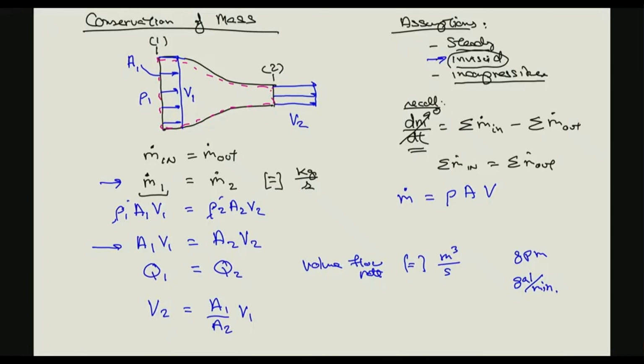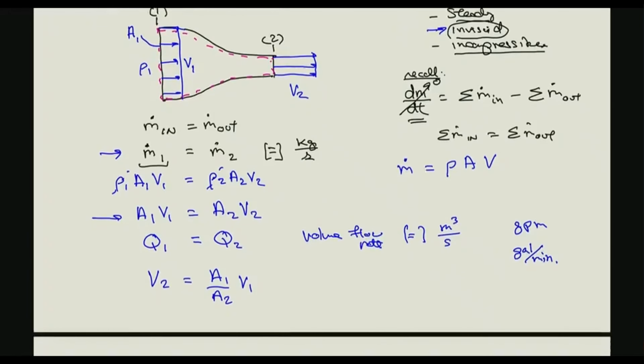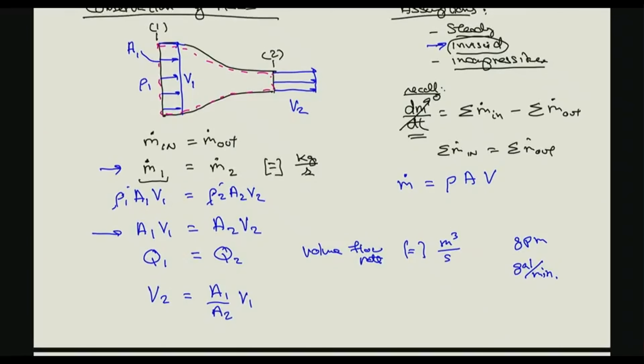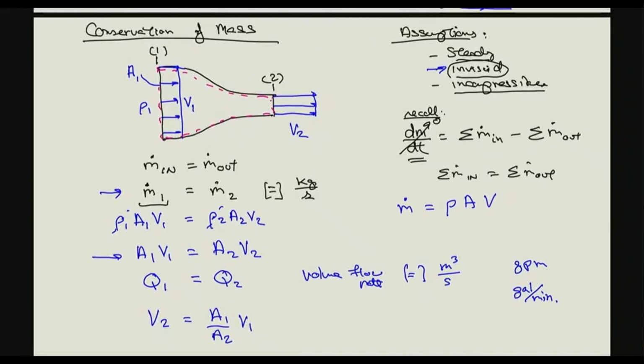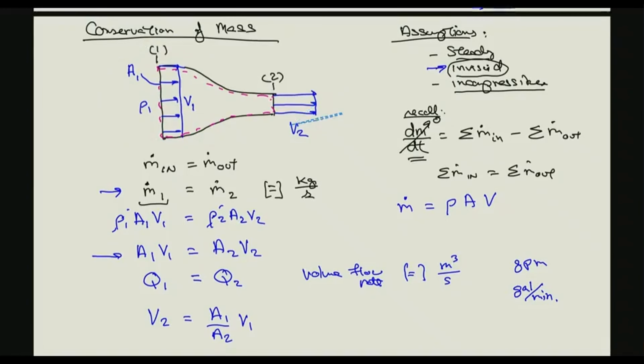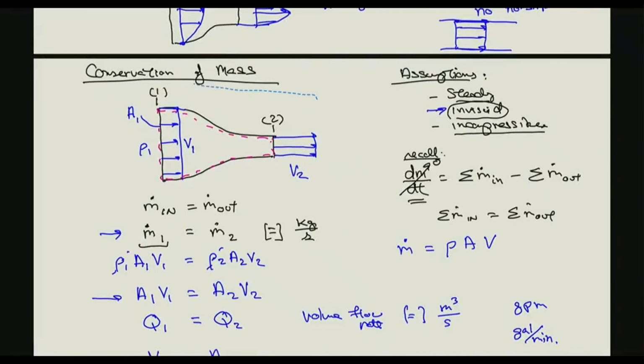All right. So let's go ahead and now analyze this problem. So maybe I could reproduce this. So as an example, a flow through a converging nozzle. So copy. Okay, so that was conservation of mass.